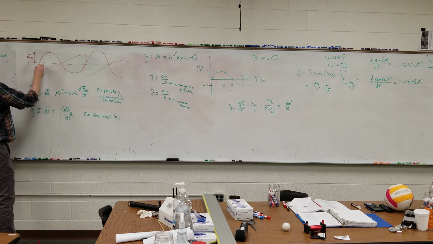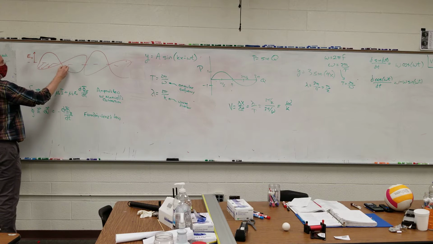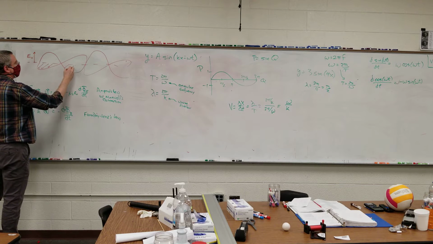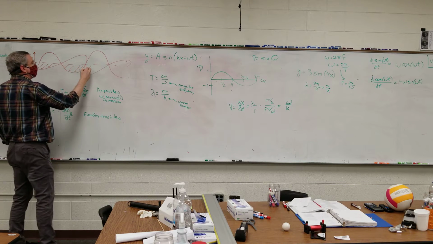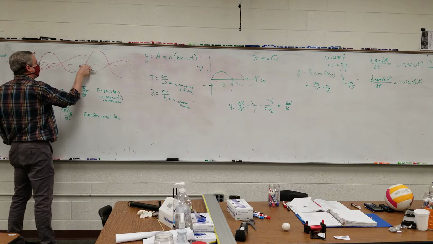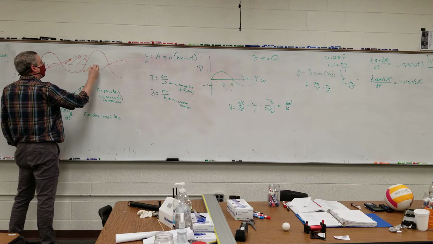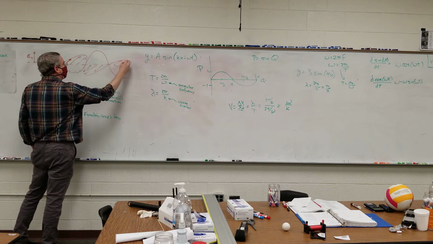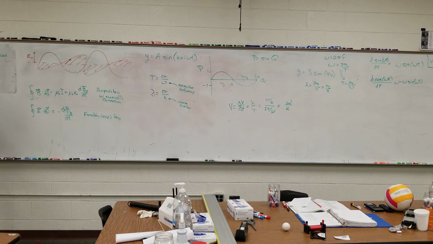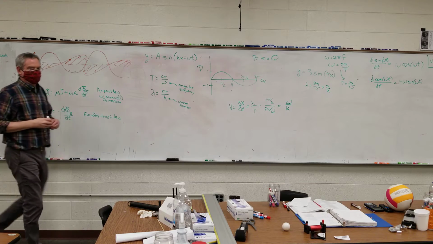That's my attempt at perpendicular to it. Oh, that's not far enough. There we go. The ones where I've drawn the arrows at a slant indicate that it's basically perpendicular to the board. That is the magnetic field with an amplitude of B sub 0.